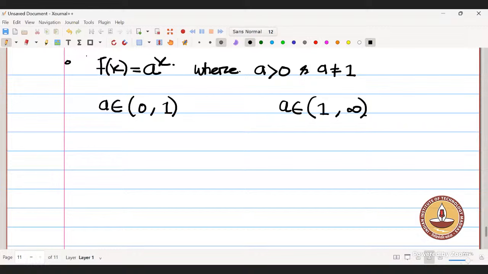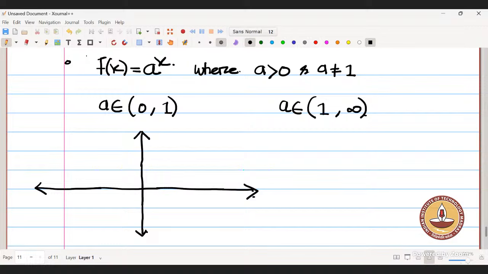If I draw the graph of this function, it will be a decreasing graph. Asymptote to the y-axis, right, sir? No, in both cases it will be asymptotic to the x-axis only. But in this condition, it will be decreasing.